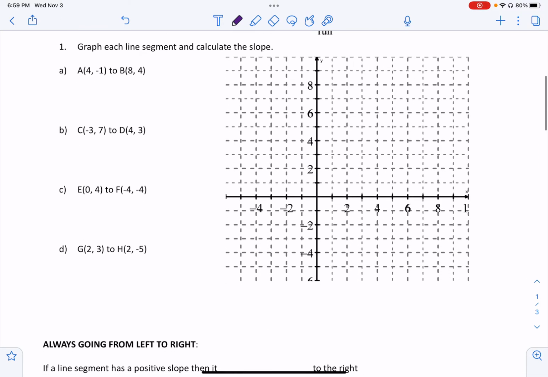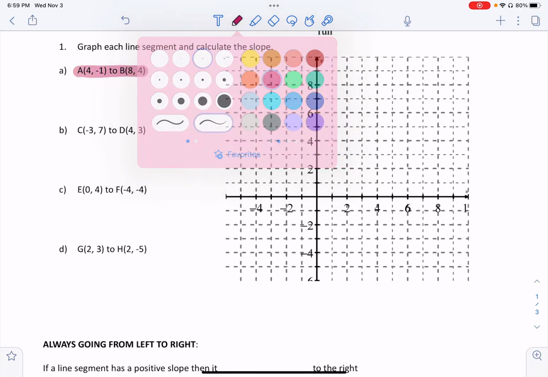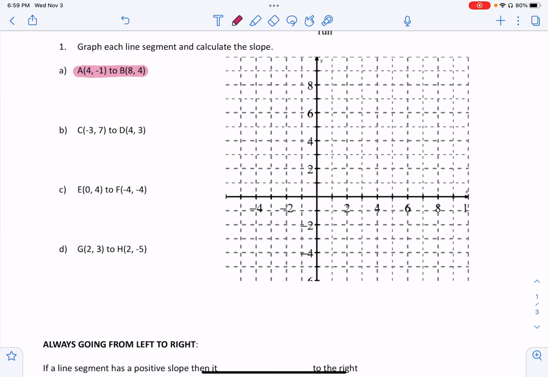So we'll start with A, and we're going to graph both of these points here, and then we'll calculate the slope. So we want to graph the points 4, -1. So when we're plotting points, the first number is going to be along our x-axis. That's this axis here, our horizontal axis.